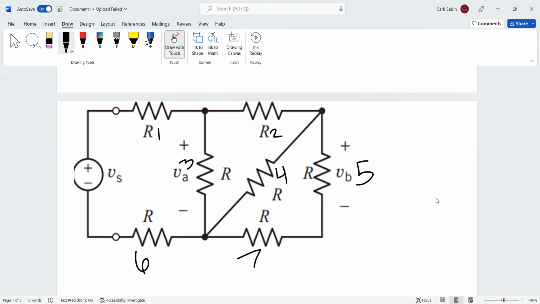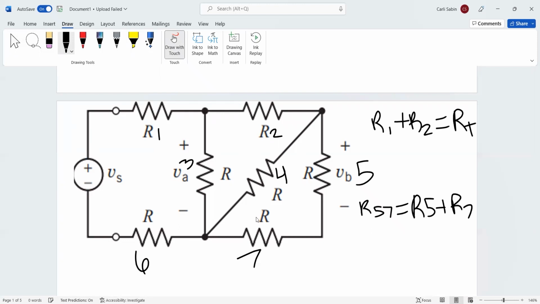So for resistors in series, we know that we can just do R1 plus R2 equals RT, or the resistance between those two. And so we're going to have R of 5 and 7, which is just R5 plus R7, right?